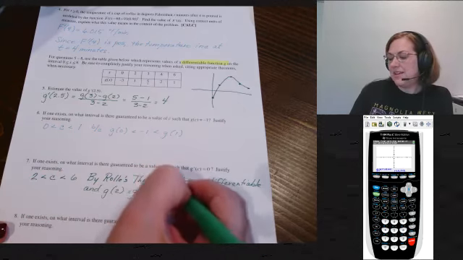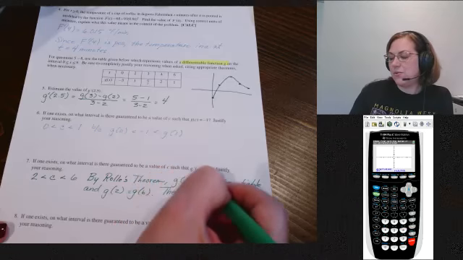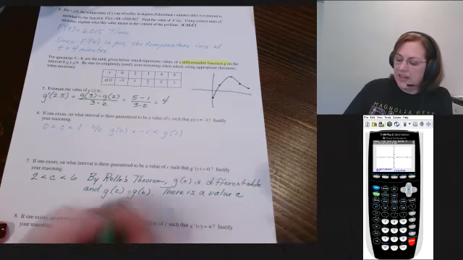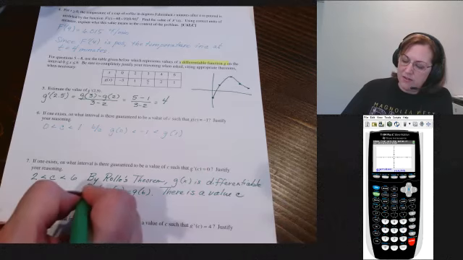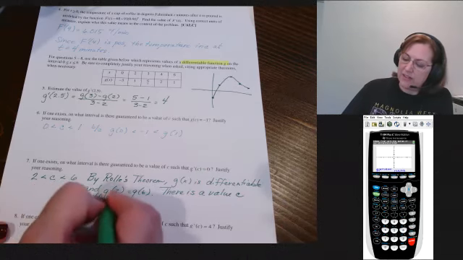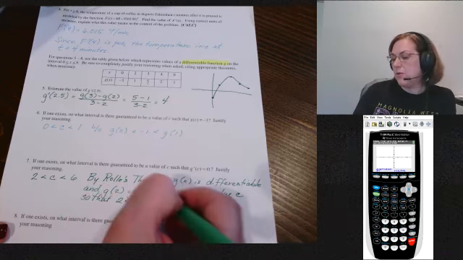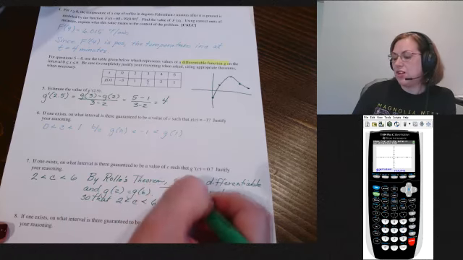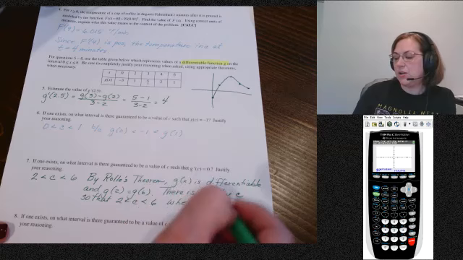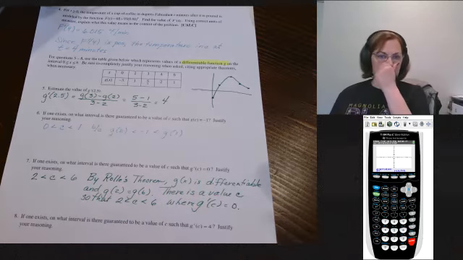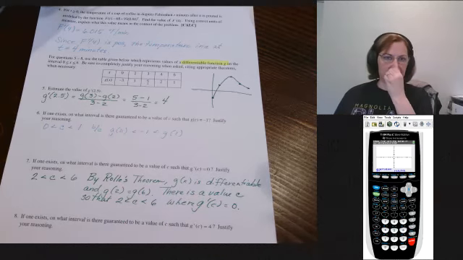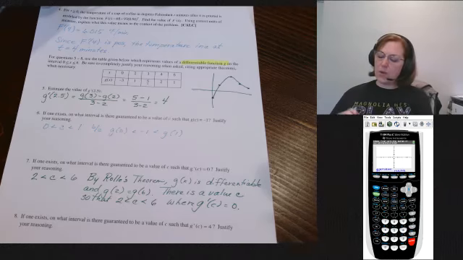There is a value C so that 2 is less than C is less than 6, where g prime of C equals 0. All right, one more to go.